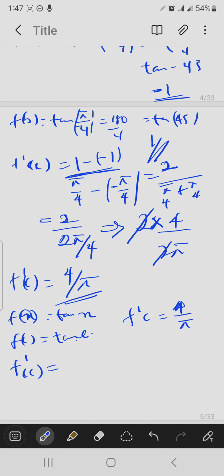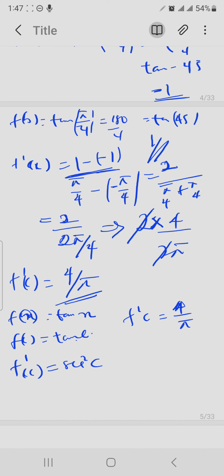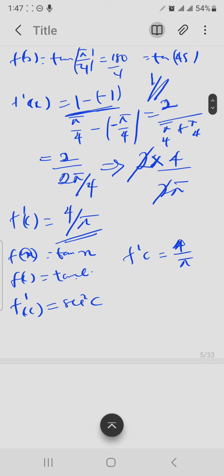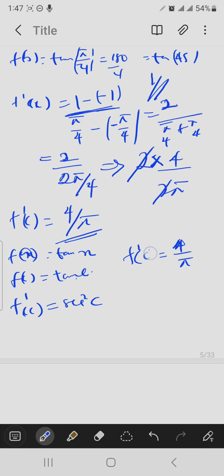It means that the derivative of tan x will now be equal to what? Sec square C. No, f of C is going to be tan C. So the derivative of f of C will now be what? Sec square C. And you know that f prime of C is 4 over pi. So this one will now be equal to 4 over pi. And I hope you understand what I'm saying. It means that we now have 4 over pi equal to sec square C.